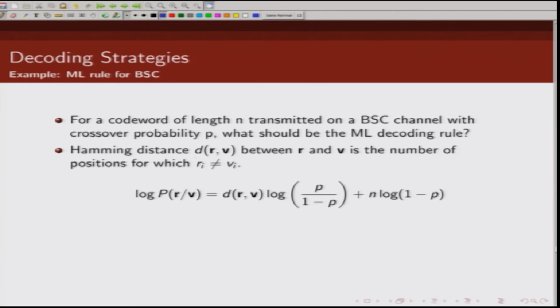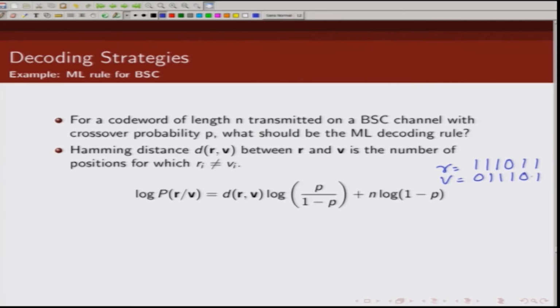Now, what is the Hamming distance between two code words? The Hamming distance between two code words or two n-tuples, let us call it the Hamming distance between R and V, both being n-bit vectors, is defined as the number of positions in which R and V differ. For example, let us say R is 1 1 1 0 1 1 and V is 0 1 1 1 0 1.